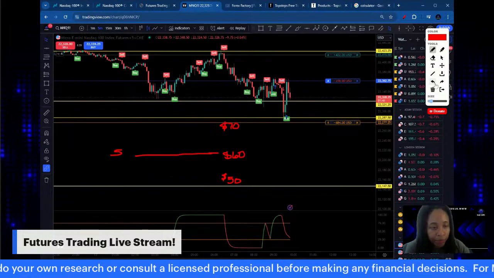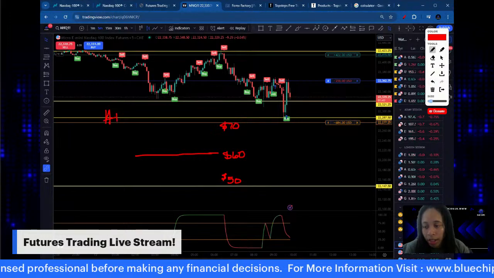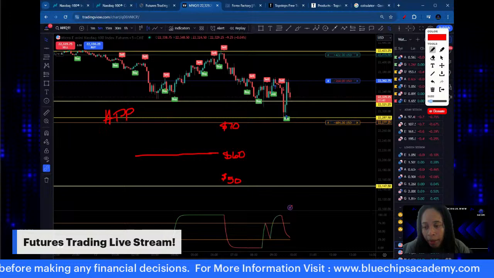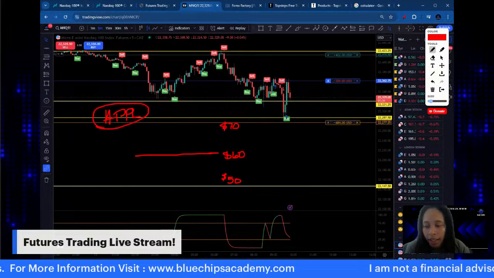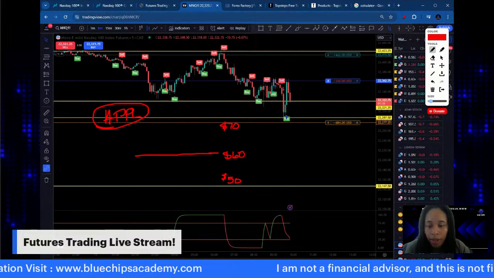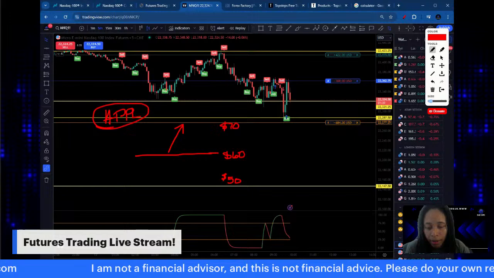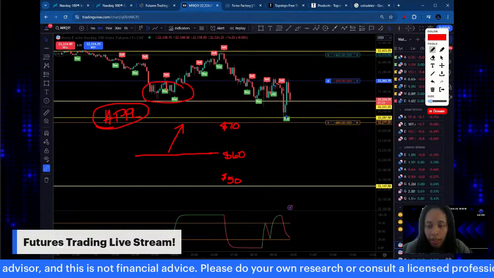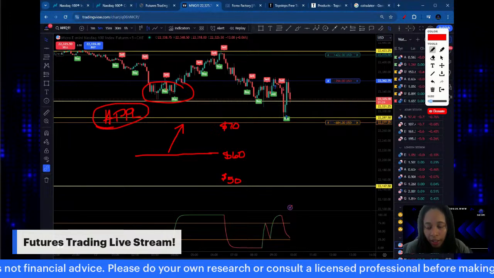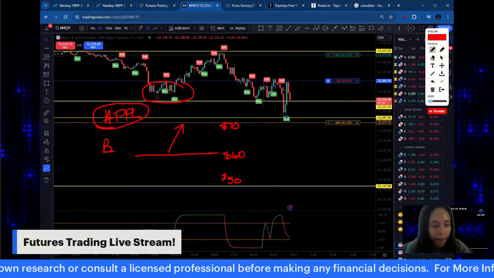So let's just give an example. Let's say Apple came out with some great news and a lot of people are excited about it, right? Based on that news, you think price is going to go up because a lot of people are optimistic about what's happening. So you decide, based on where the market is and how it performed in the past at a certain level, that you want to get into a buy.